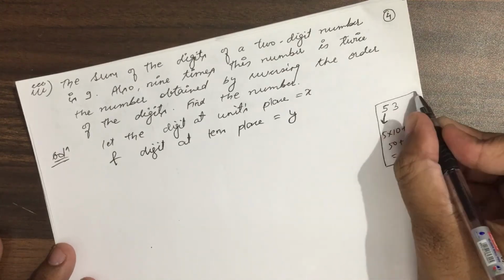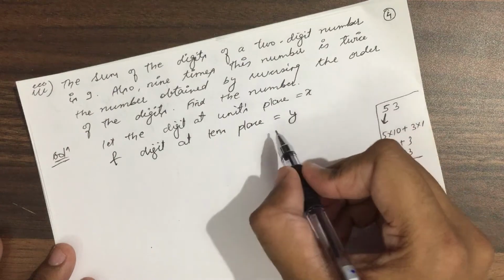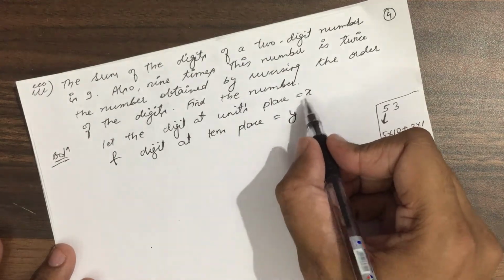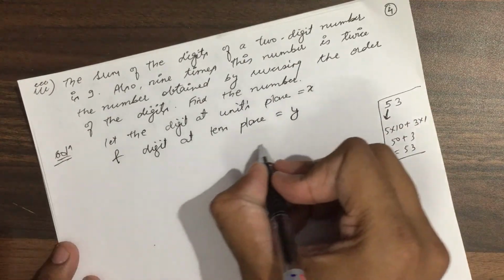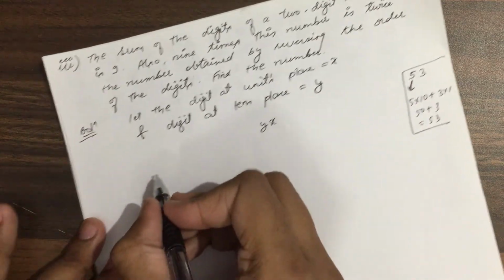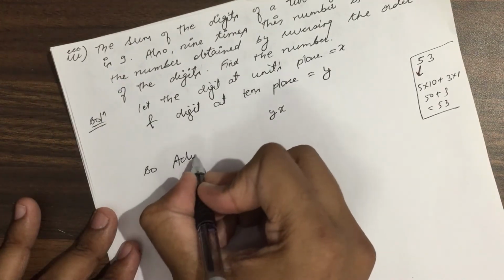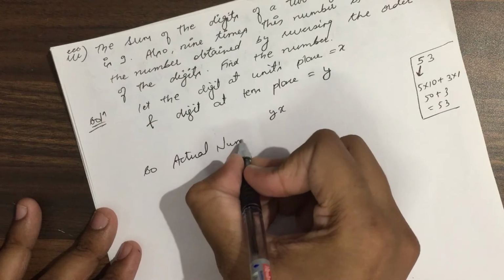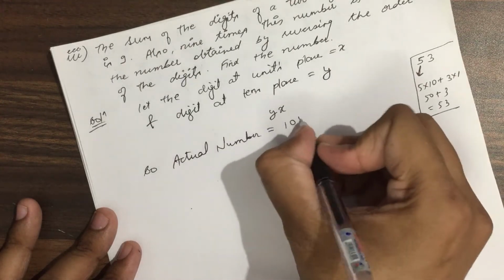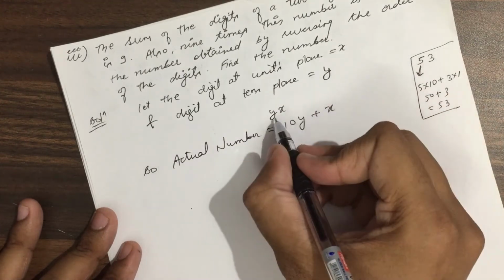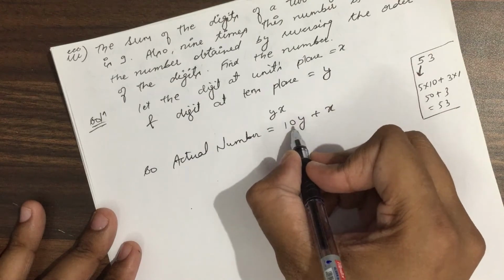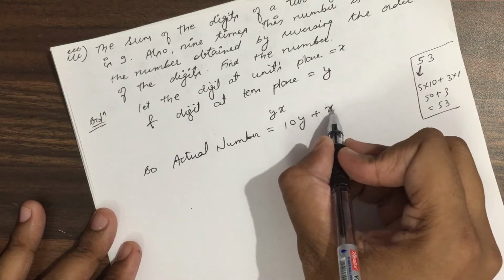So this is how we can write a number. So here units place is x and tens place is y. So we can write, so actual number will be 10y plus x, because y is at tens place, so it is multiplied with 10, and x is multiplied with 1 because it is at ones place.